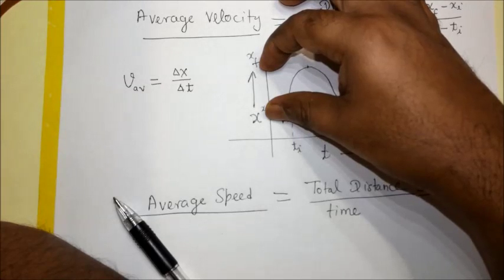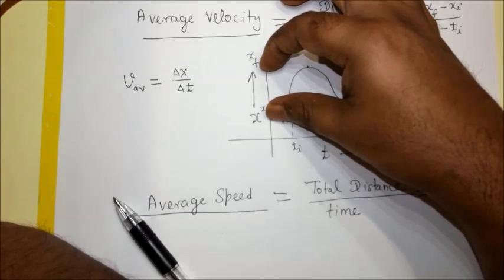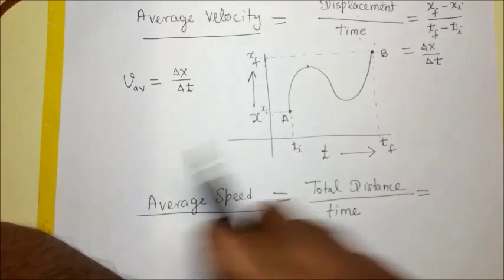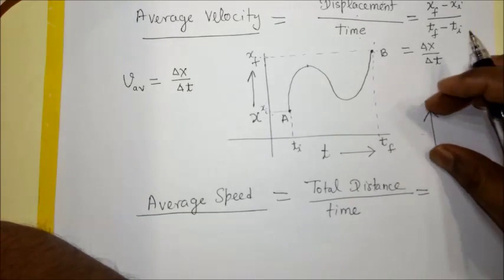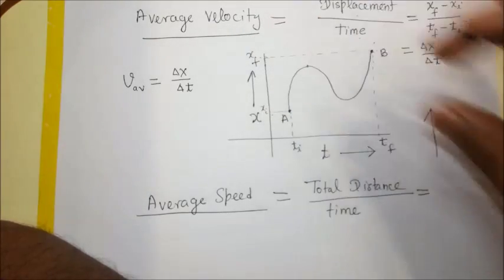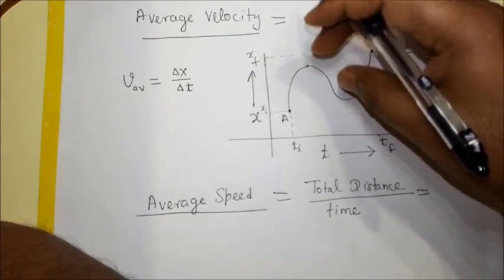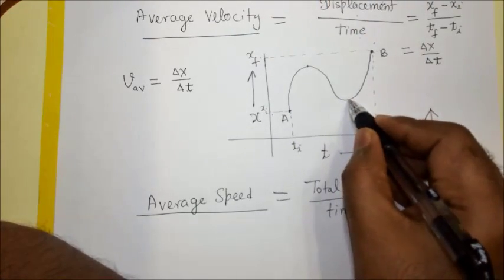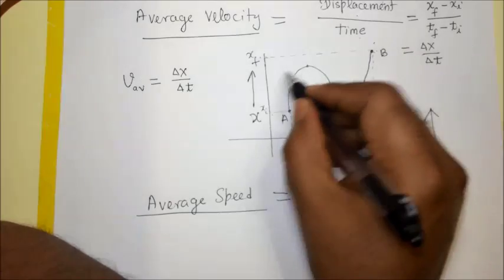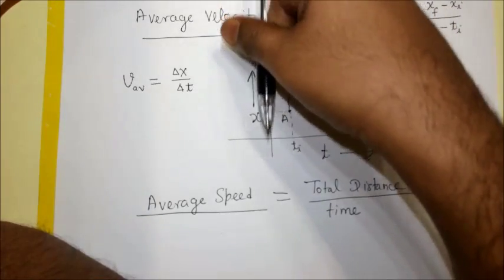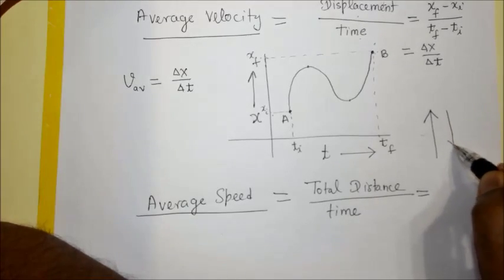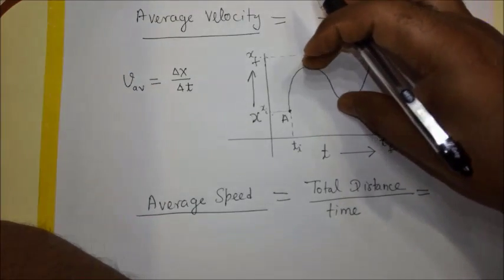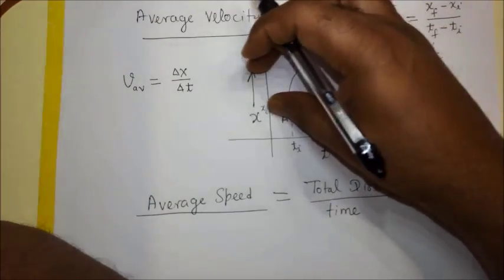So you measure this distance in the forward direction. Then from here to here he is moving backward. Measure this distance, how much backward.